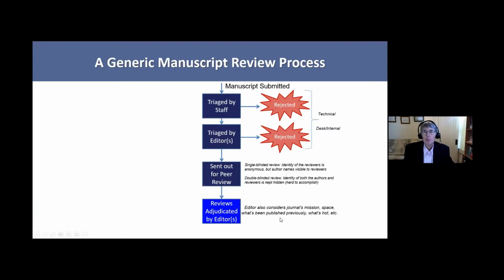So one of the things, again, is that you consider mission space, what's been previously published. Because again, in the time frame of when this manuscript was submitted and when all the reviews are back, there may have been new work out. And what's a hot topic? What space is available?